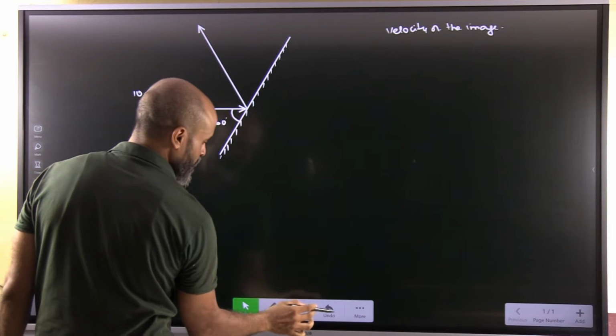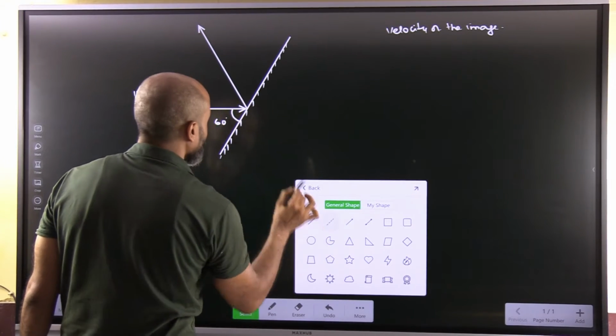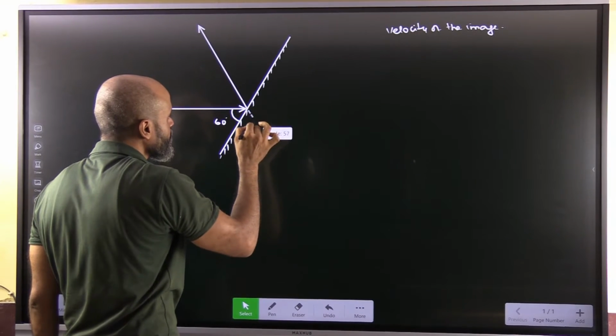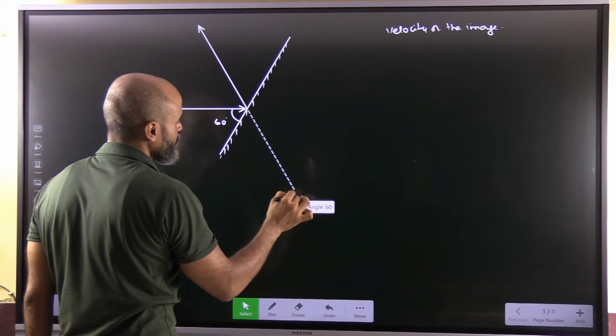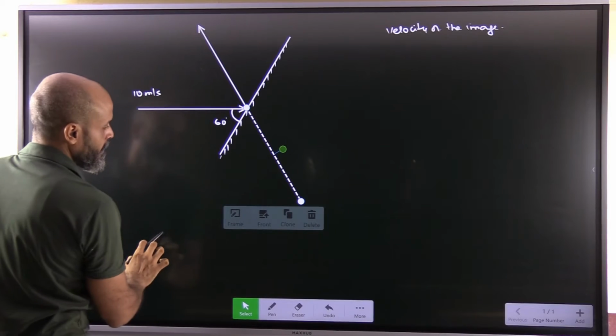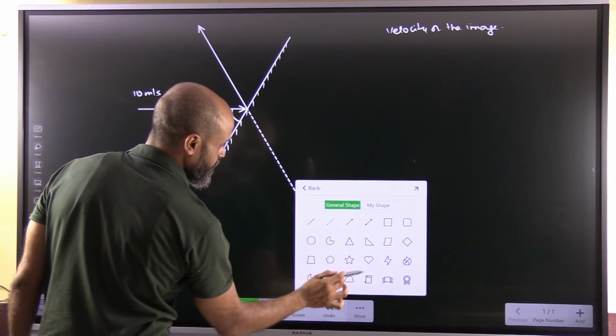So if I happen to extend this beyond, let's say extend this line a little more.